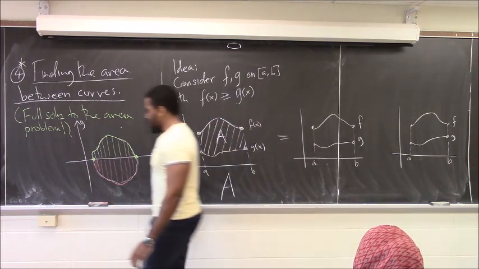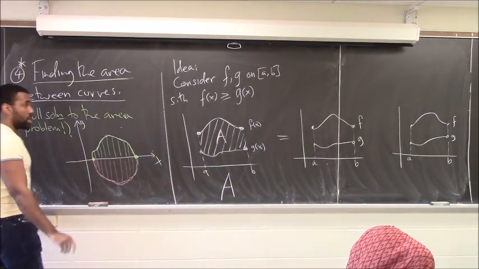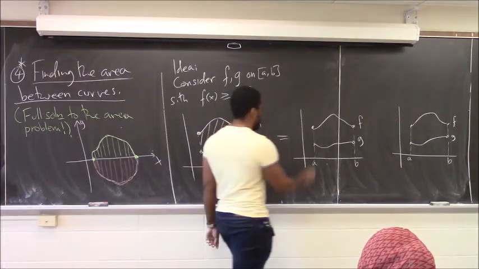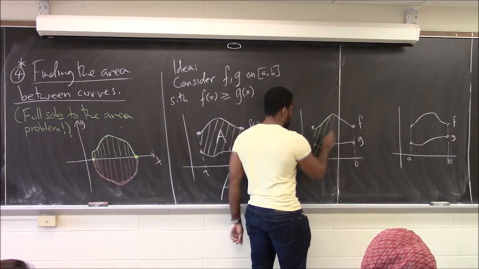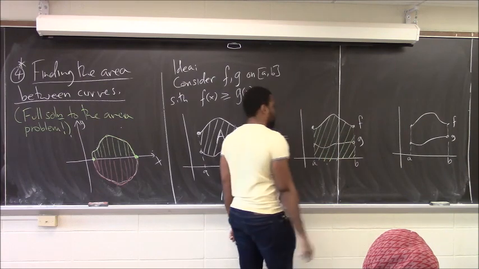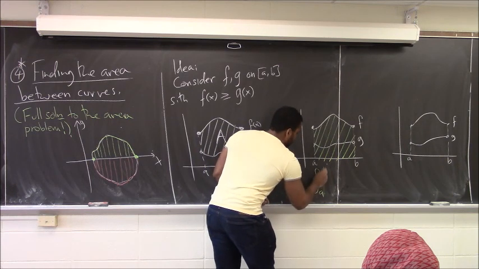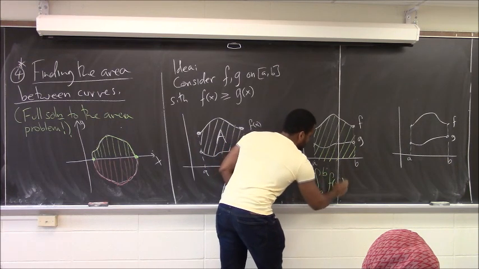Here's how we can get to that area. What we can do is first find the area under f. That I can compute by taking the integral from a to b of f of x.